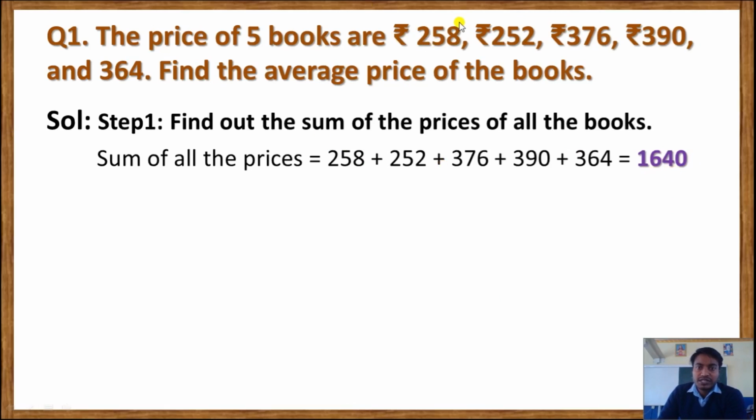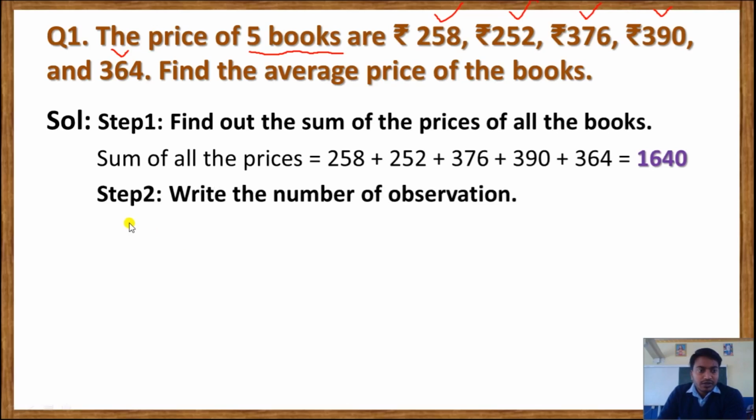Now we have to see how many observations there are. Clearly you can see it is given here, the price of 5 books. Otherwise you can count also, 1, 2, 3, 4, 5. So we have number of observations 5.